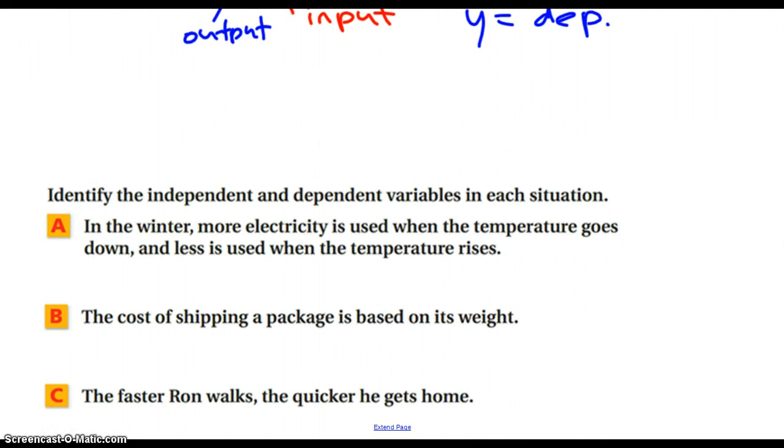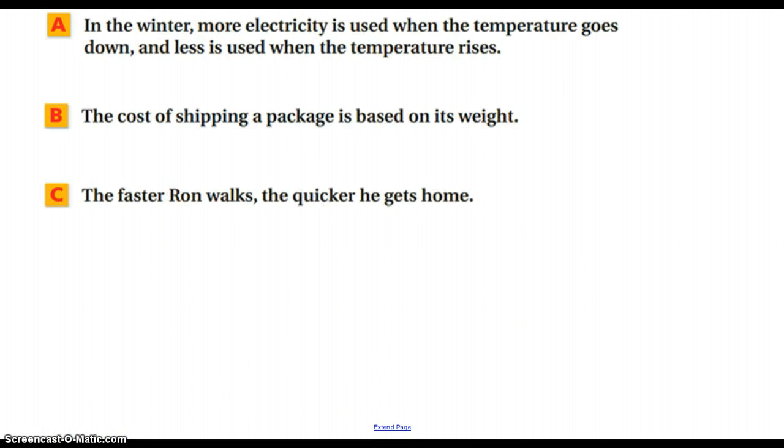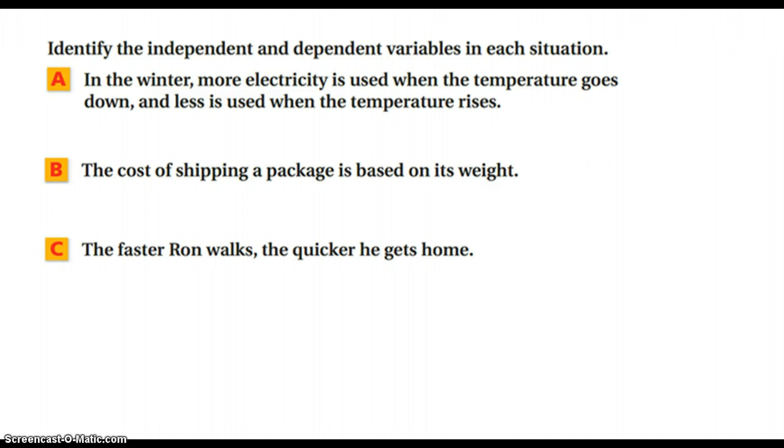And we can do this with different examples that don't necessarily have an equation yet, so just a statement. So in the winter, more electricity is used when the temperature goes down, and less is used when the temperature rises. So we have two different variables here. Well, let's say first we have electricity, and then we have the temp.